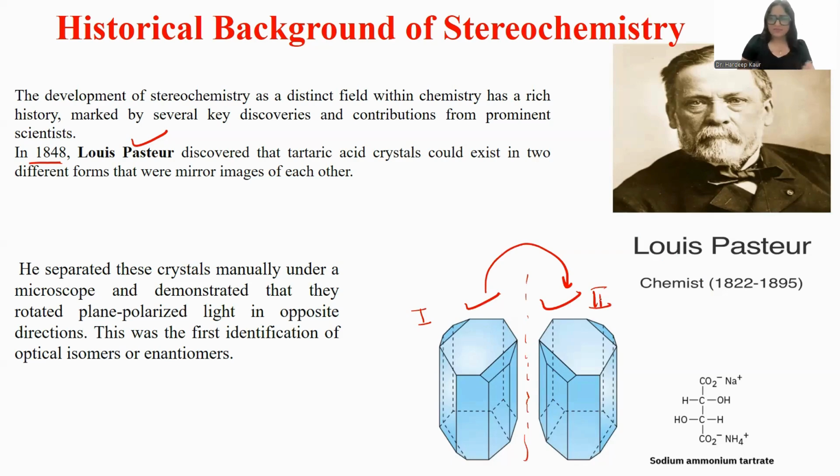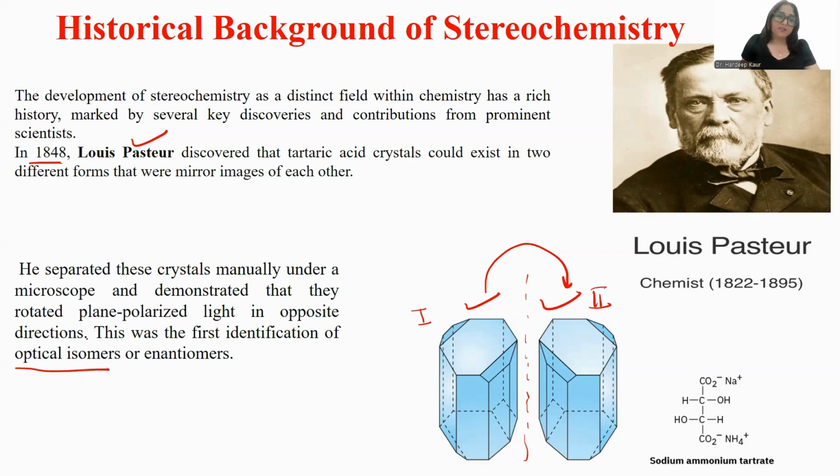He separated all these crystals manually under a microscope, and he demonstrated that they rotate the plane polarized light in opposite directions. This was the first identification of optical isomers. So what are optical isomers?